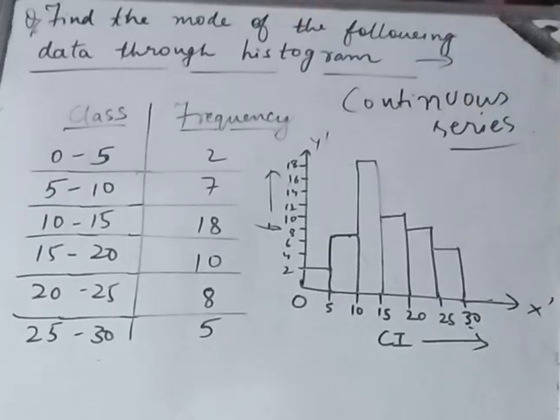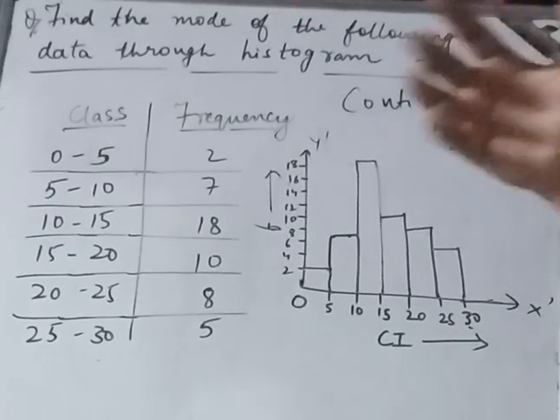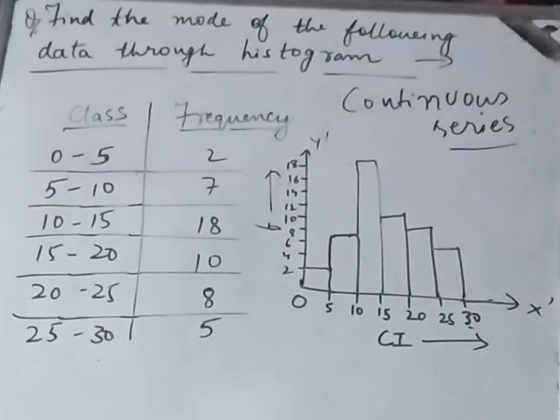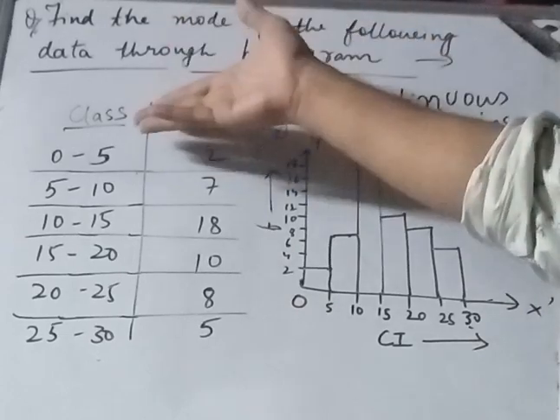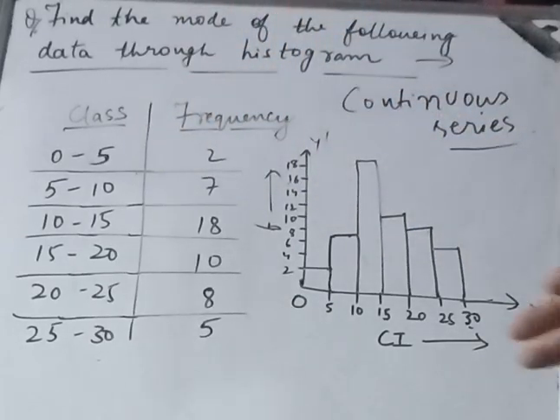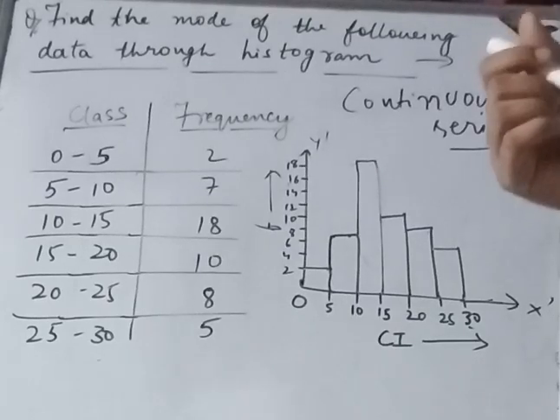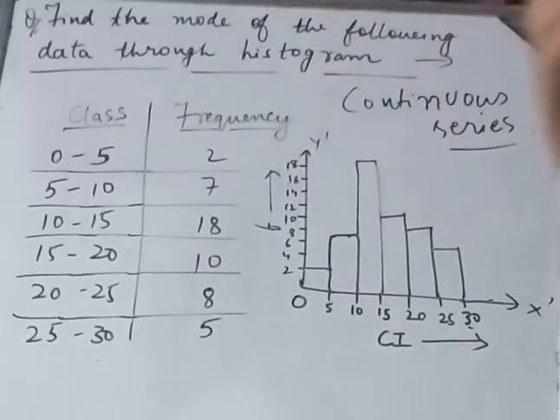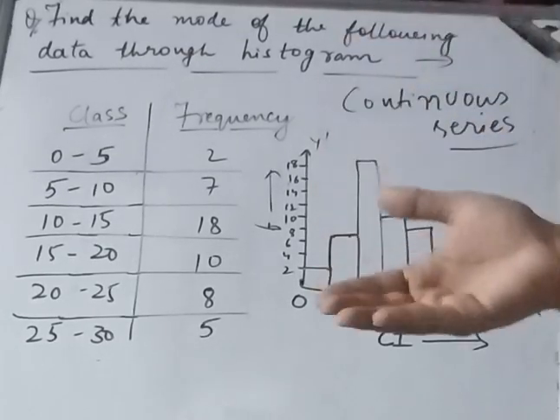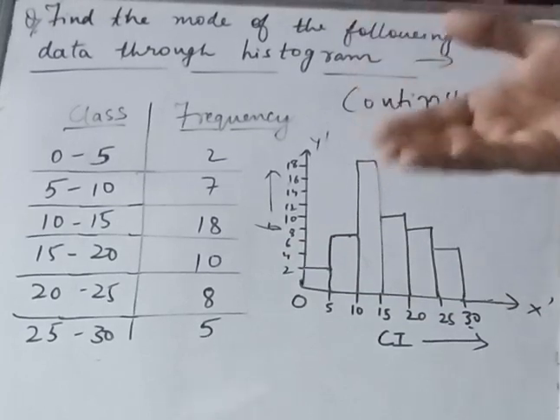So if you are given the class interval and you have to calculate the mode, you have to draw a histogram. Or there is another way from which the class interval can be converted into the variable, single values.